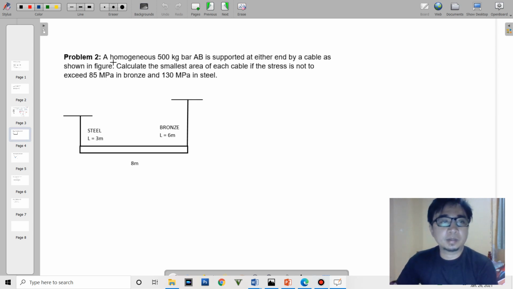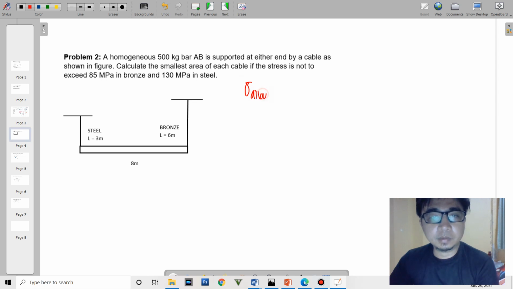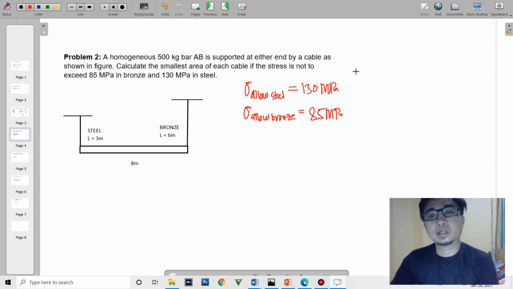So in this case, we have an allowable stress for steel, which is equal to 130 megapascals. And of course, we also have the allowable for bronze, which is 85 megapascals.